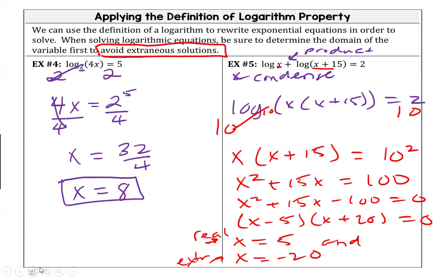So unless it asks for the extraneous, you're only going to provide the real. And our real solution is x equals 5. Because again, your arguments have to be positive for log. And that goes back to the fact that an exponential does not have a negative output, right?